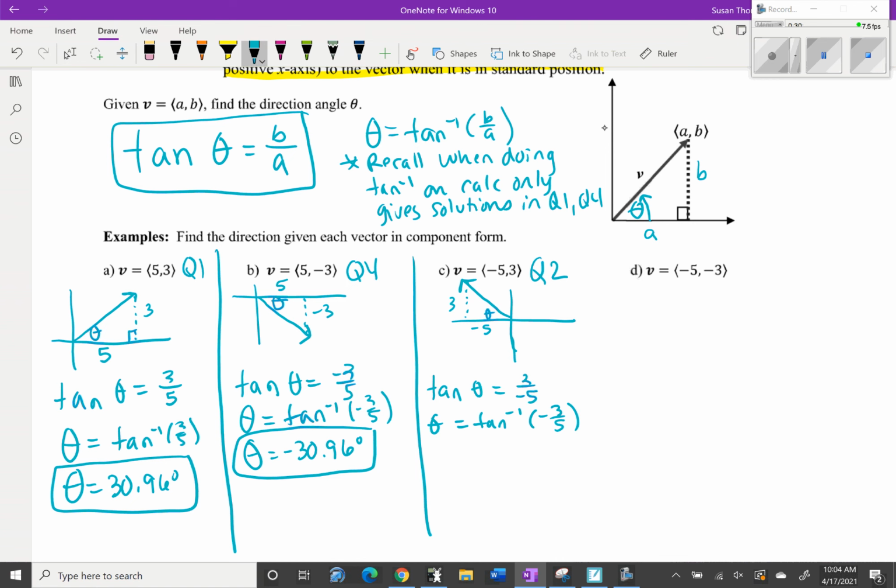Well, we just did that, right? So we said the tangent inverse of negative 3/5 was equal to negative 30.96 degrees. Well, we know that cannot be our answer because remember when you do the tangent inverse, you're getting answers in quadrants 1 or 4. So this is the answer in quadrant 4, which is right here.